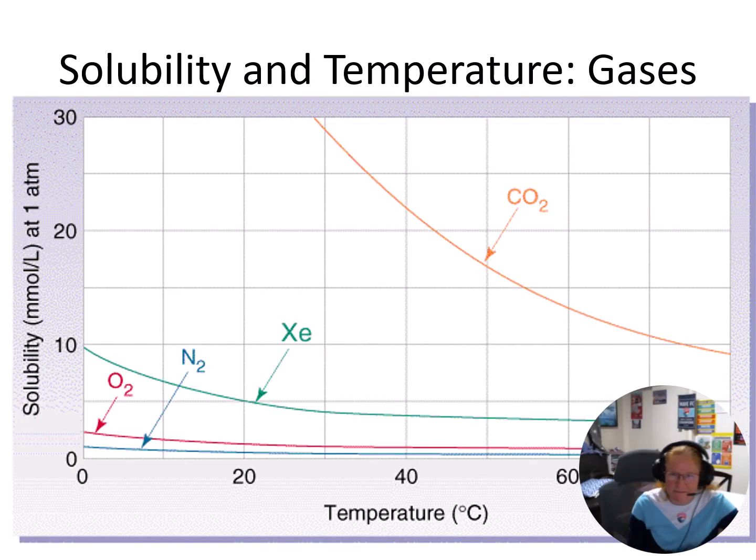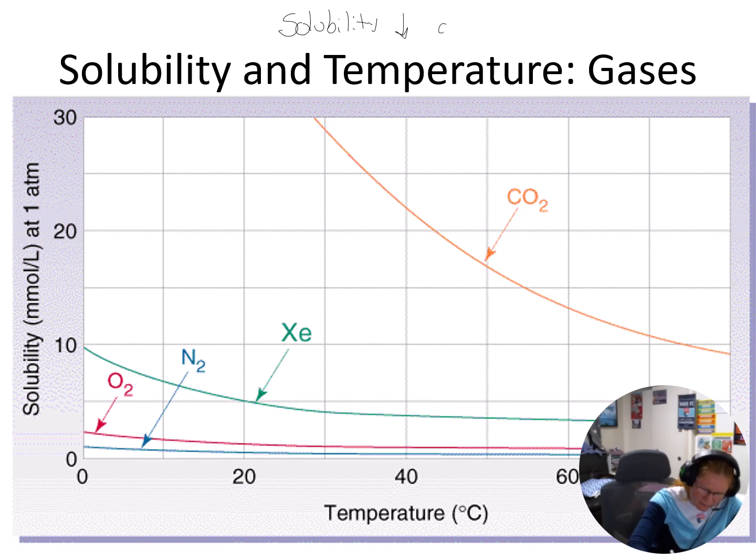Okay, so here, when we look at our gases, as our temperature increases, you can see that they go down. So solubility goes down as temperature goes up for our gases. Okay, so gases, solubility down as temp up.